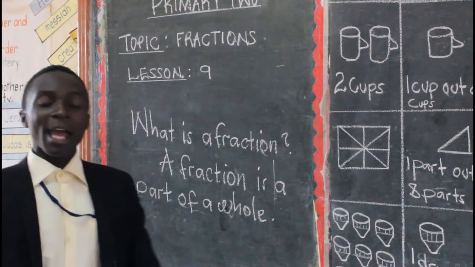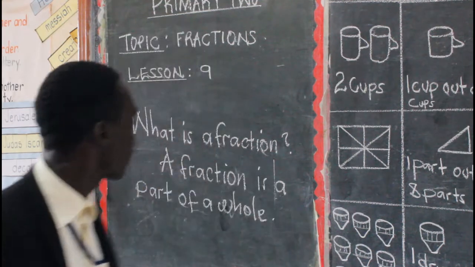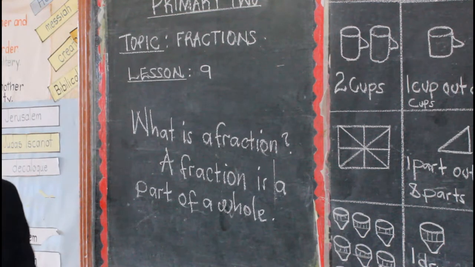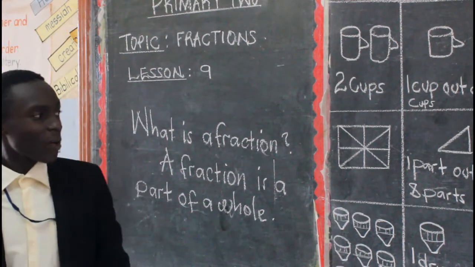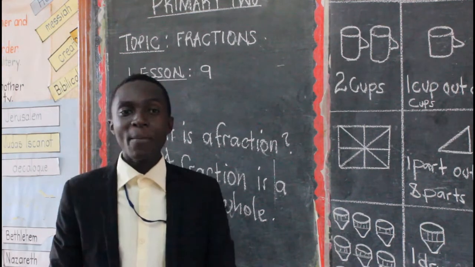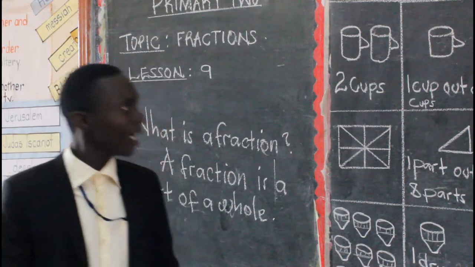A fraction is a part of a whole. That's how we define a fraction. We do have very many examples of fractions. Now we are going to look at what we call proper fractions. That's what we are going to put more emphasis on.